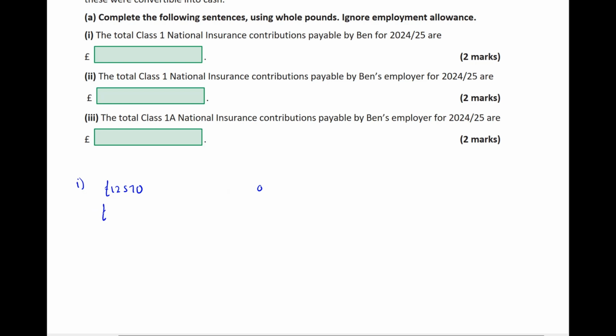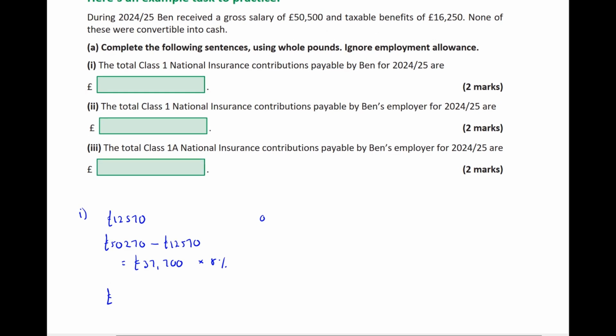Then we have the difference in that middle band, the difference between 50,270 and the 12,570 from here. The difference there is going to be 37,700. And that little section is all going to be payable at 8%. And because Ben's earnings actually fall into that higher bracket, we need to see how much is in the higher bracket as well.